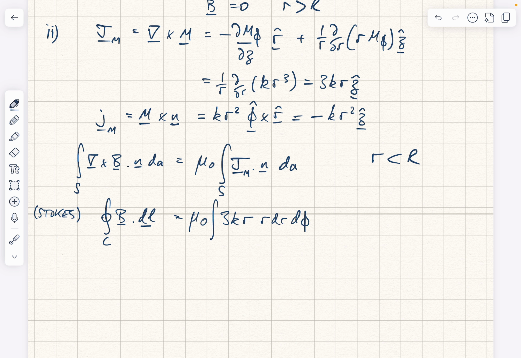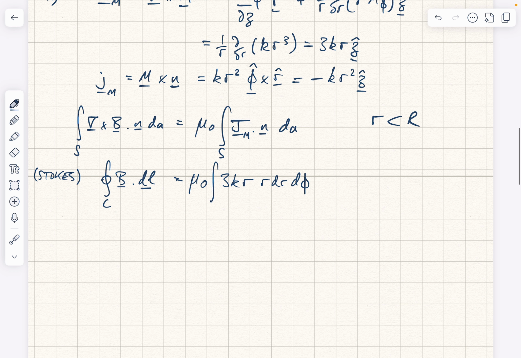So that's converting the Jm dot n into just the 3kr, and then the surface area element is r dr d phi. Now we've already said that b must lie in the phi direction and depend on r, so we can take it outside the integral. So we have b phi multiplied by 2 pi r, that's just the loop integral around the circle.